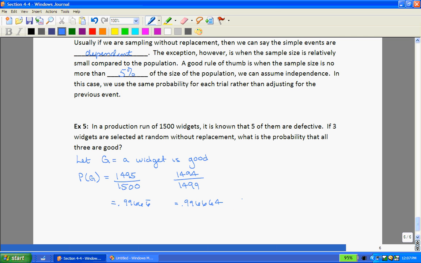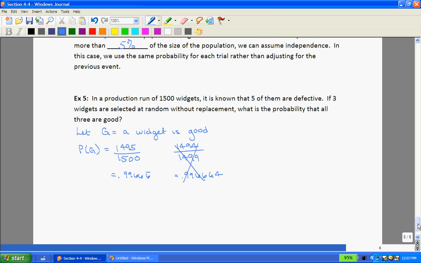So because that's so small, we don't bother to keep saying, okay, and then on the third trial, 1493 over 1498. It's too small and it makes the calculation cumbersome. So instead of doing that, we just treat it as independent.